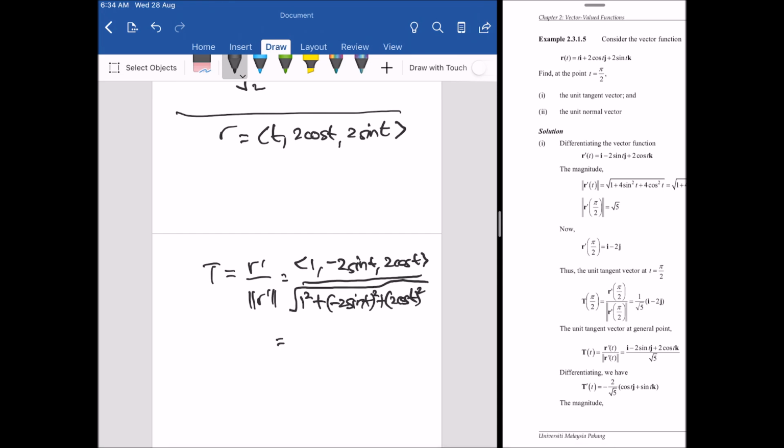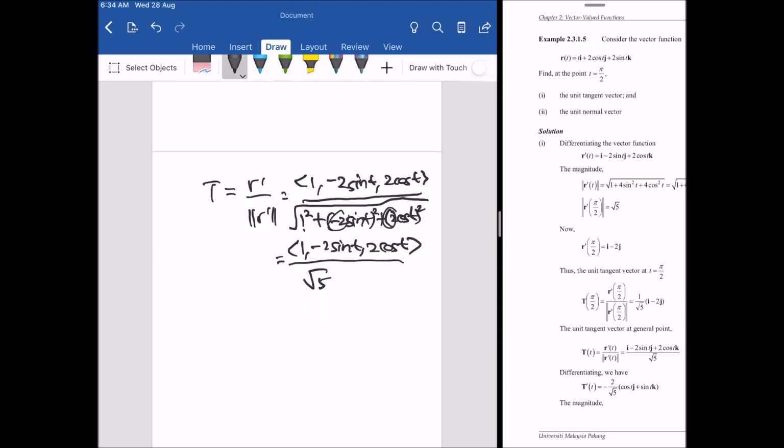So this is 4 plus another 1, which is 5, so square root 5.